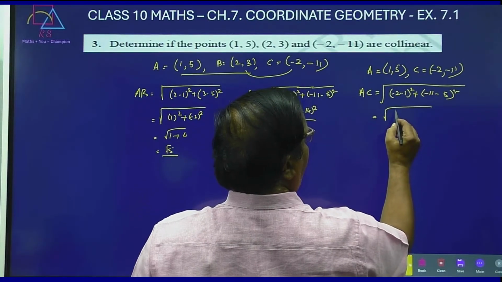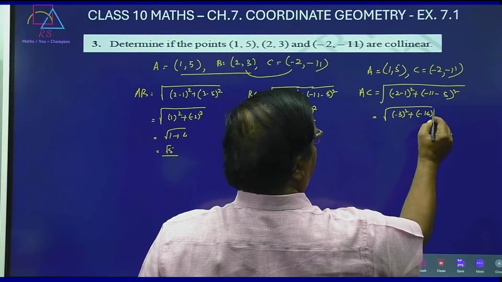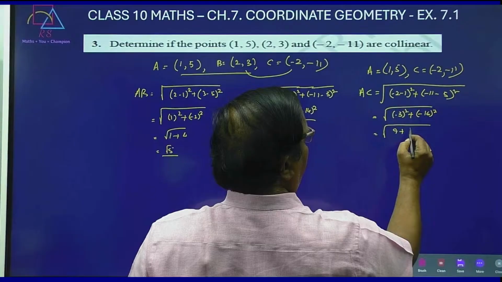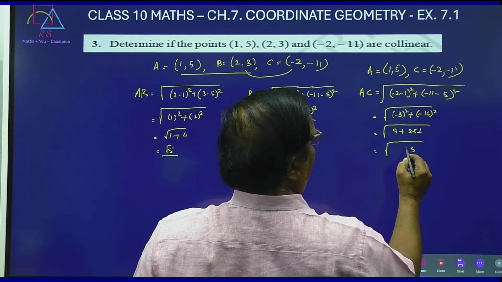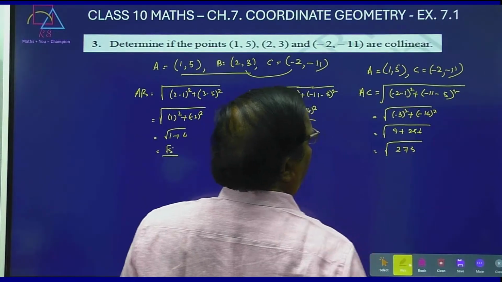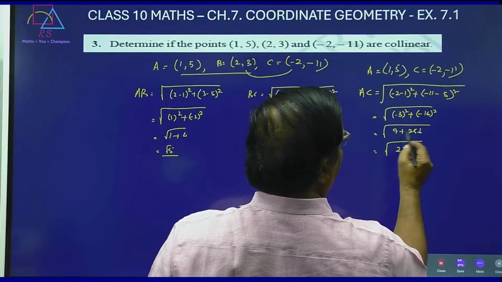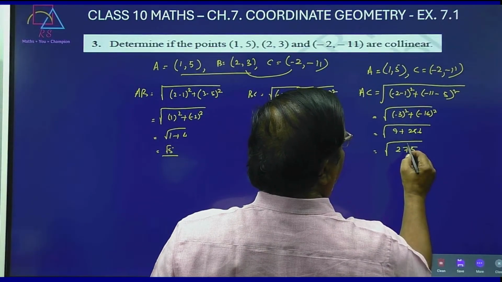So (-3) whole square plus (-16) whole square, which is equal to 9 plus 256, which is equal to 265.